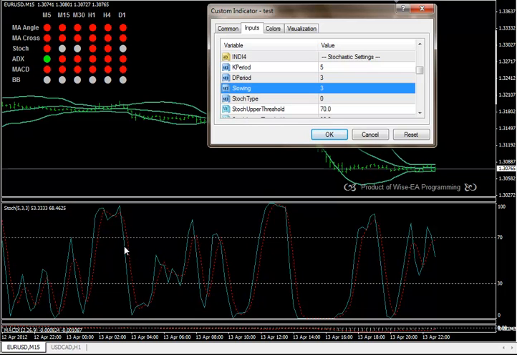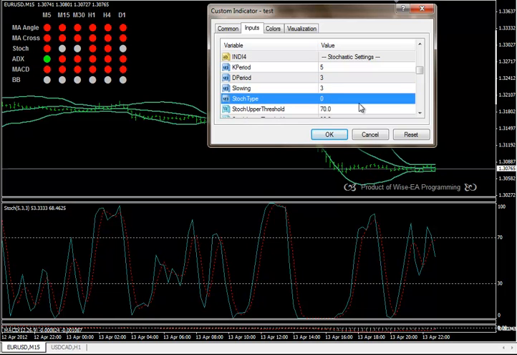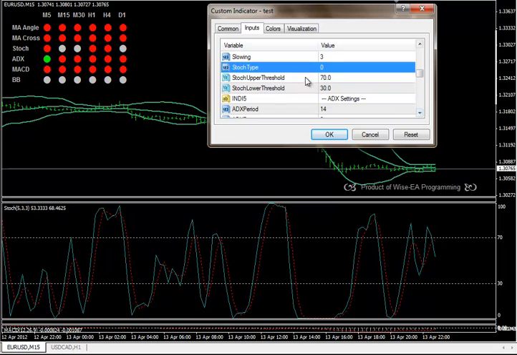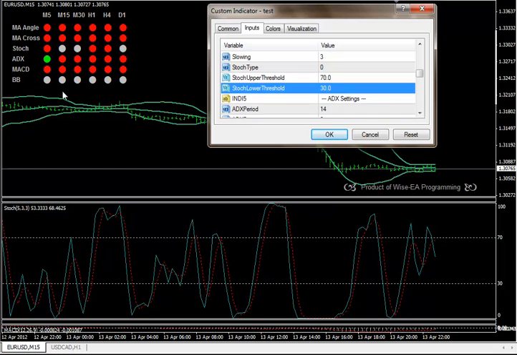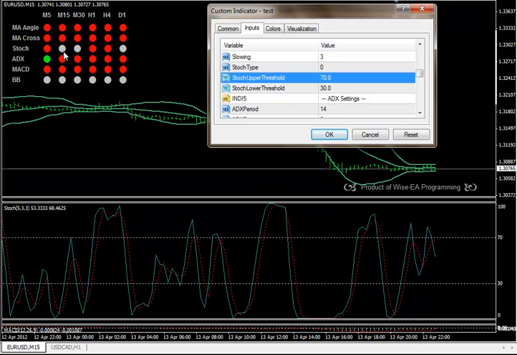In this case, it will be the blue line. Okay, stochastic type, and then upper threshold and lower threshold. If stochastic is above 70 for that particular time frame, then stochastic is up. If it's below 30, then trend is down for the stochastic indicator. If it's in between, then it's no trend. That's why sometimes it's gray, so it means no trend.